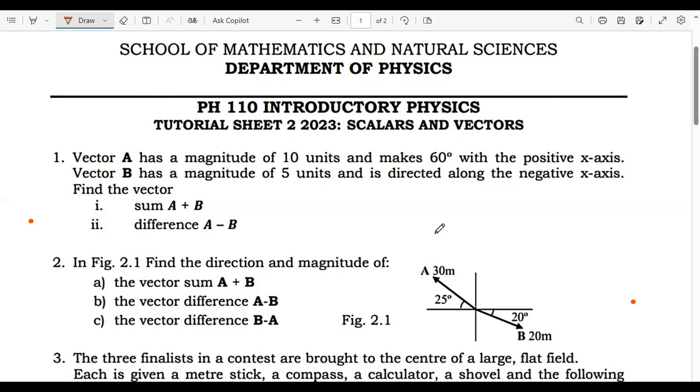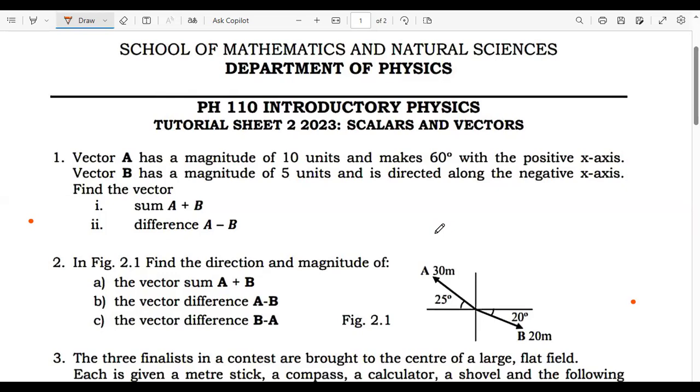Okay. So previously in our last lessons, we learned how to resolve vectors into their components, and we learned different techniques or different languages that they use in describing these vectors. Today we are just going to apply all those concepts to solve some of these questions.